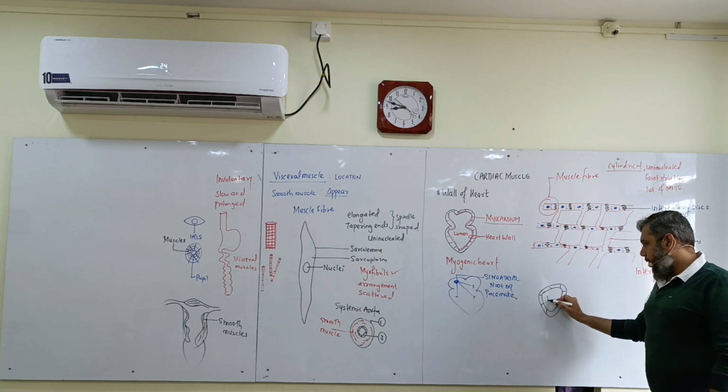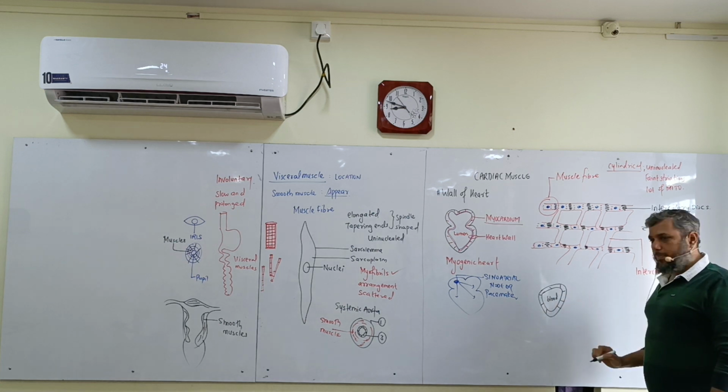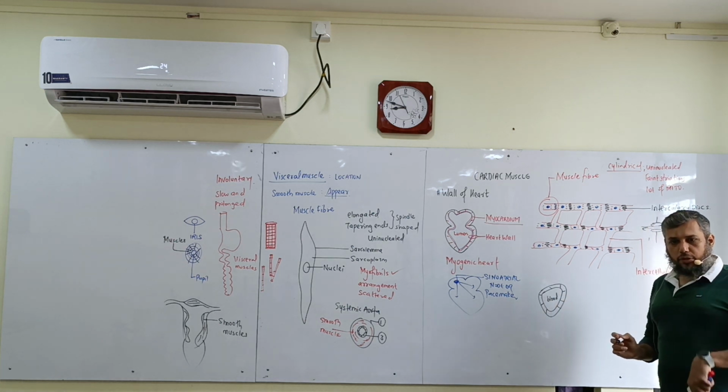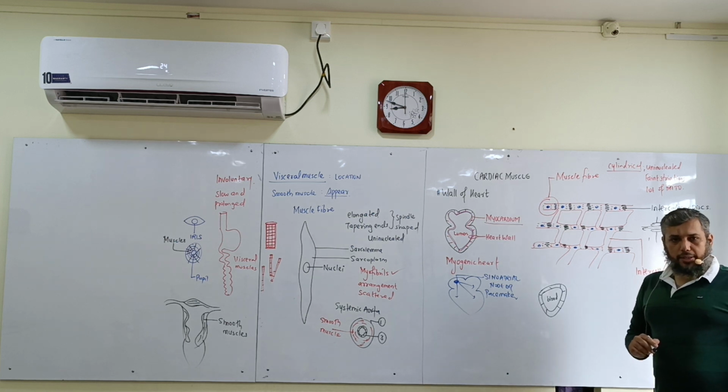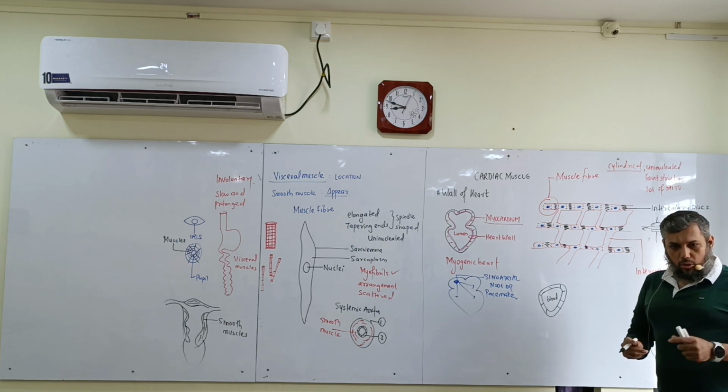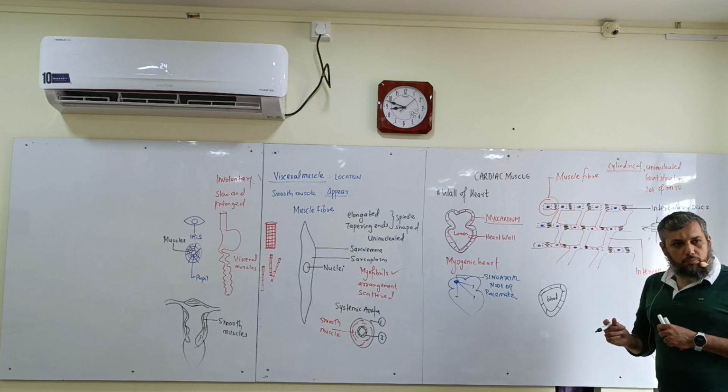But the blood that the heart is pumping, can it use for itself? The answer is no. The example of the heart is like a bank cashier who counts lakhs of rupees in a day. But can he take that money home?